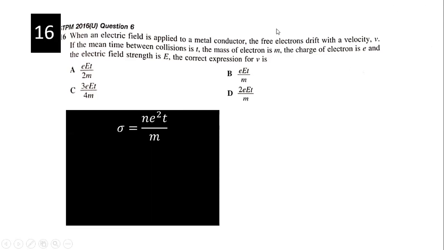This one looks like this type of equation for conductivity. Go to your definition, conductivity equals J over E. Instead of conductivity, you just place J over E there. Then J, place it with nev here.